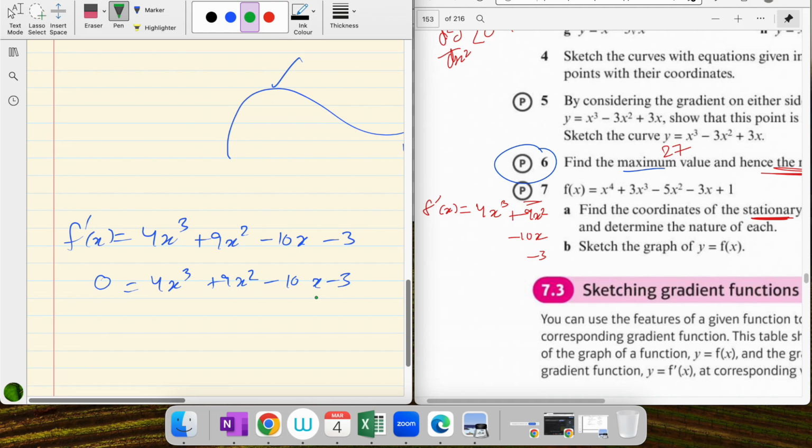So we go for hit and trial first to see where it is 0. I'm trying 1 first. So 4 into 1 cube plus 9 into 1 squared minus 10 into 1 minus 3, and I'm getting 0. So when x is equal to 1, I'm getting a 0.